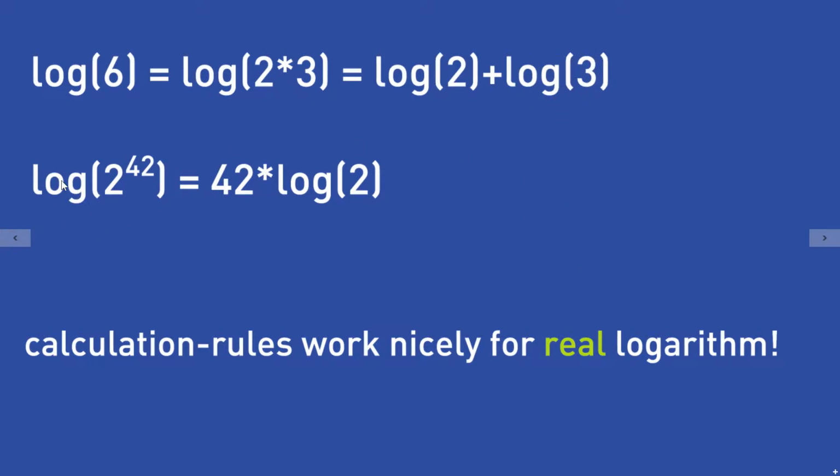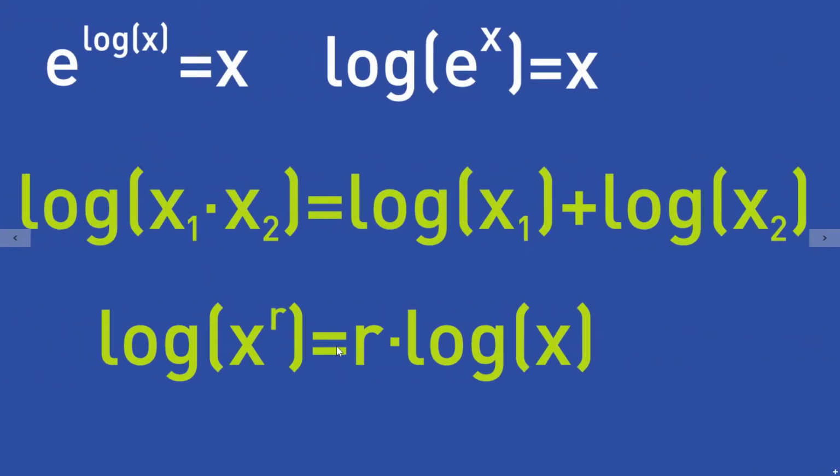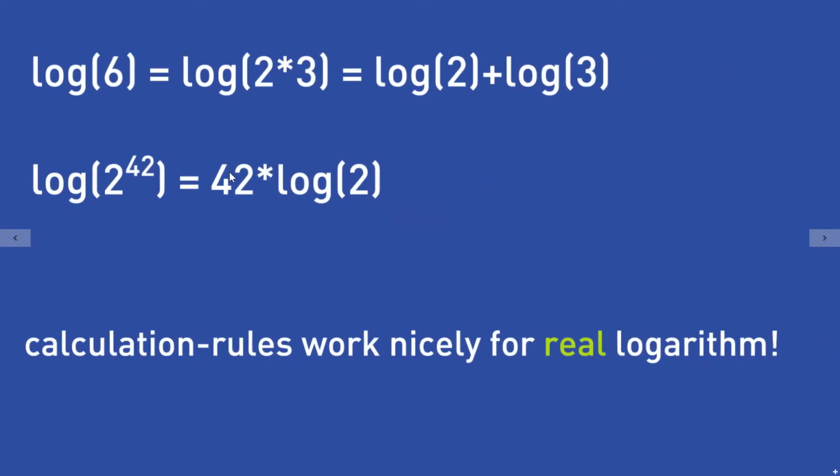Or you could write the logarithm of 2 to the power of 42 by using the second rule here as 42 times the logarithm of 2. So these calculation rules work really nice for the real logarithm.